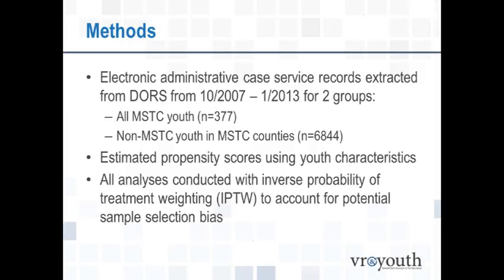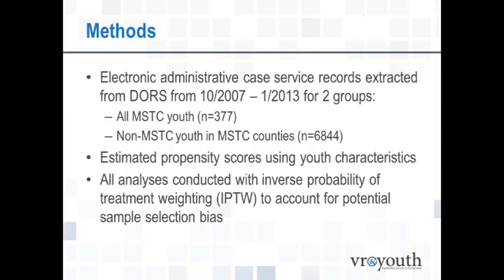So what we did was we looked at the administrative case records that DORS kept from between the years 2007, when the first students graduated, through 2013, when the next group of students finished school. We were able to compare all the Mystic youth enrolled, and in this case we had administrative files on 377 because there was some attrition over the course of time.